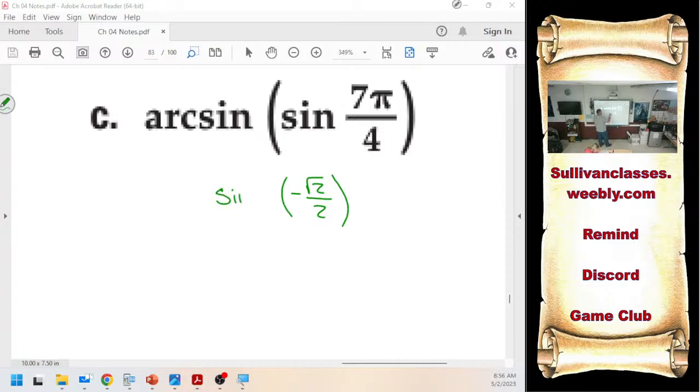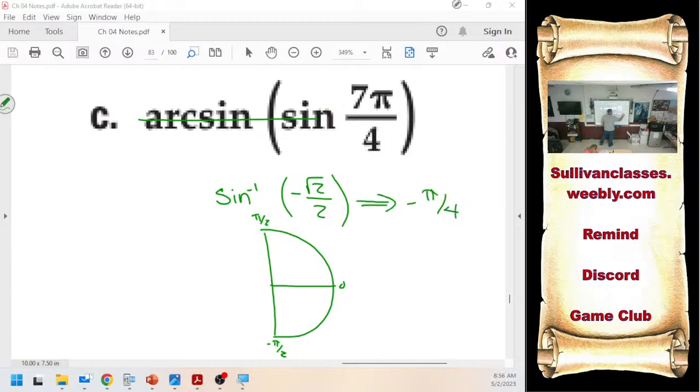Now I do arc sine of that. Be careful. Yes, I'm in quadrants 1 and 4, but I label these from negative pi over 2 to 0 to pi over 2. So they're not just going to straight cancel and say 7 pi over 4. I have to say negative pi over 4.